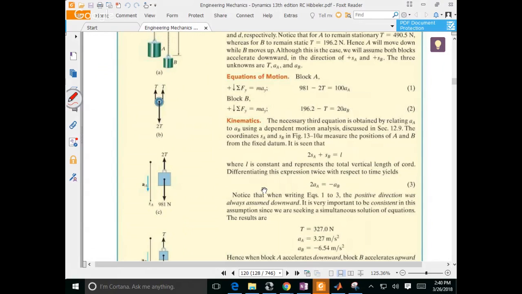In this case, it's twice the acceleration of that one. And that's where these rope equations work. It gives them a relationship, so to speak. We can't get away without the rope equation, the length of the rope kind of thing, especially if there is a rope.